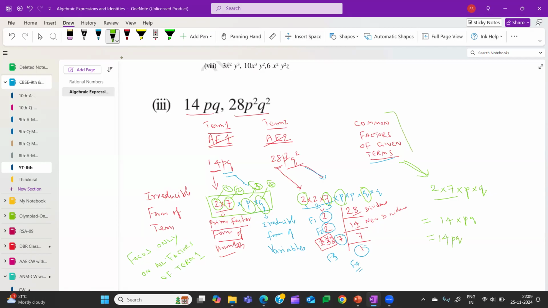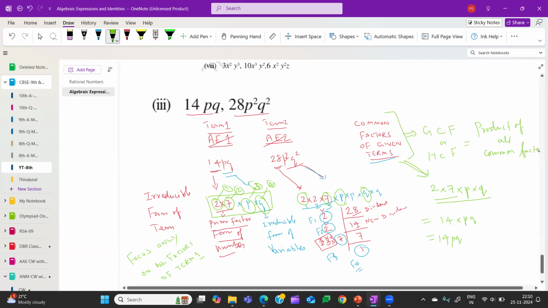So actually, the common factor we call the greatest common factor, GCF, or highest common factor, which is the product of all the common factors among all terms.